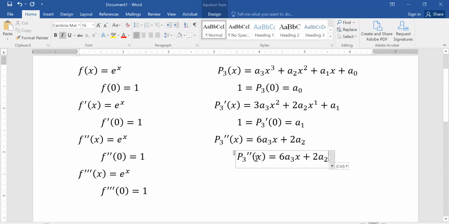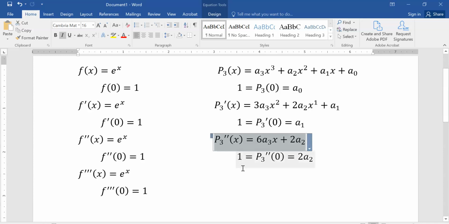When you plug in 0, it needs to match your function. Your function value when you plug in 0 is 1. Therefore, the second derivative has to be 1 when you plug in 0, and we get 2a2 has to be 1. Now, notice that this does not give you that a2 has to be 1. In fact, this tells you that a sub 2 has to be a half. So be careful about that.